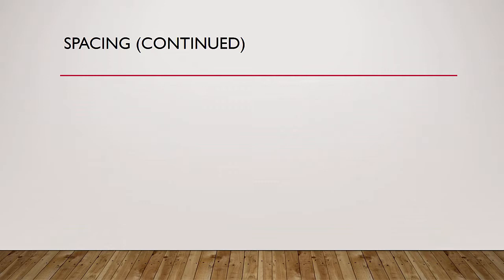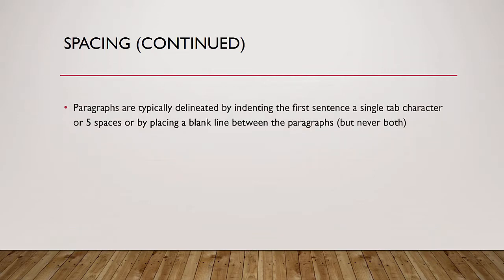Now, to continue spacing, I want to talk about paragraphs. This is another area where you have some discretion and I have a preference. In this case, I'm not trying to convert from one to another. So paragraphs are typically delineated by indenting the first sentence a single tab character or 5 spaces, or by placing a blank line between the paragraphs.